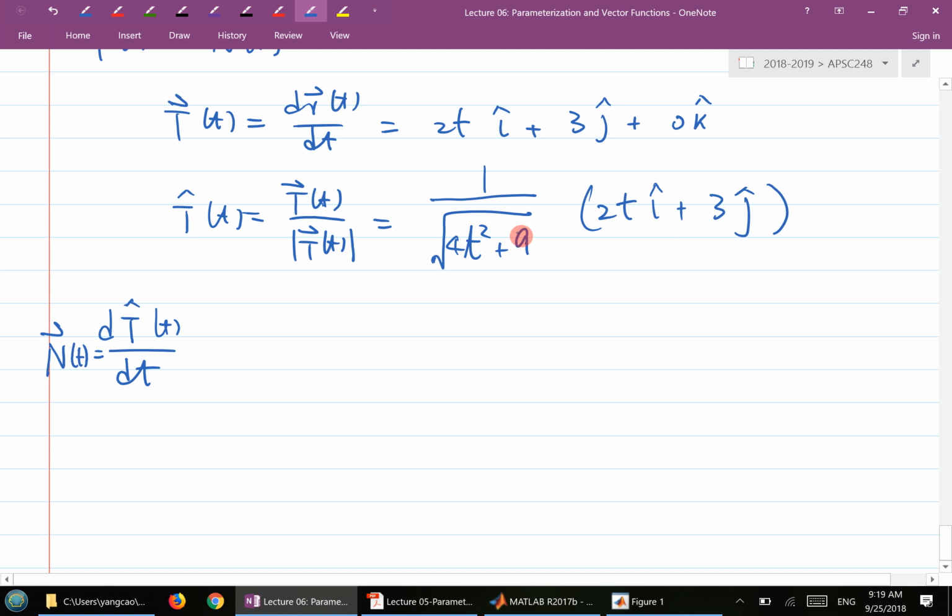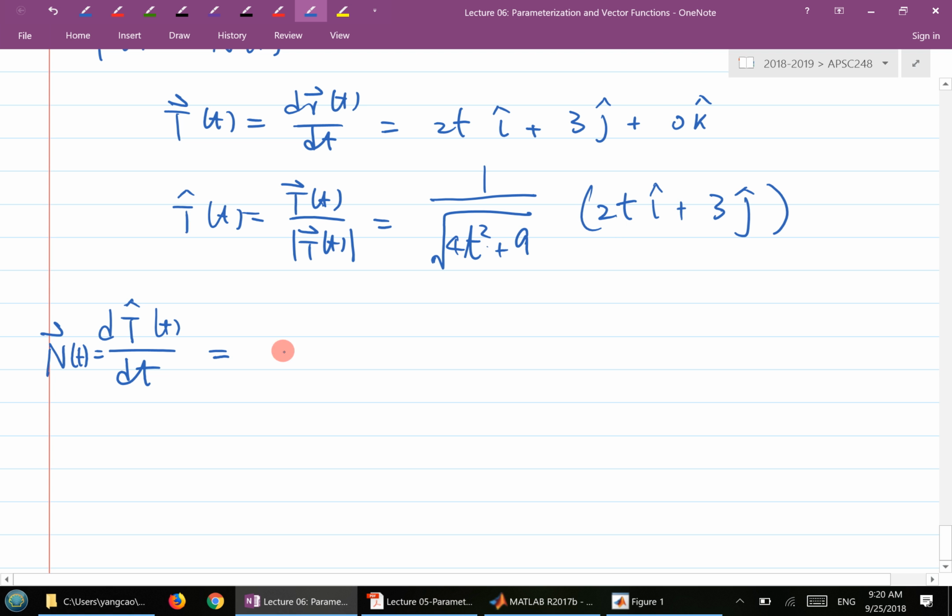What's confusing to some students is that the t hat has a 1 over the square root of 4t squared plus 9. That may make things a little bit more messy, but this is still a typical derivative question. So when you take the derivative of dt hat, you're basically taking the derivative of each one of the components.